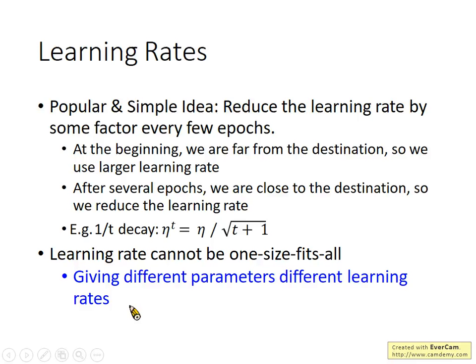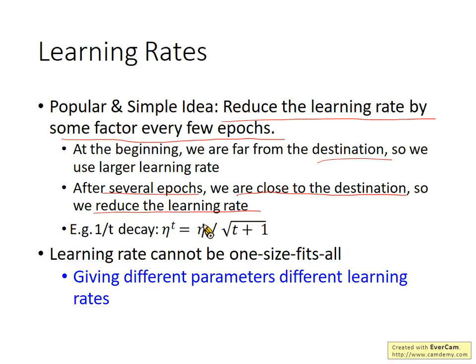How can we do this smartly? A popular and simple idea is to reduce the learning rate by some factor every few epochs. At the beginning we are far from the destination, so we can move much, and after several epochs we are close to the destination, so we reduce the learning rate.